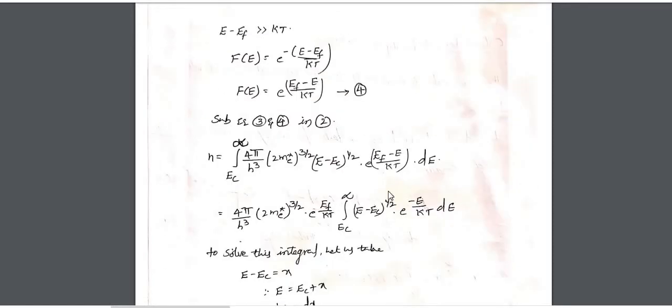To solve this integral part, let us consider E − Ec equals x. Then E equals Ec plus x. Next, differentiation: dE equals dx. If E tends to Ec, what happens?